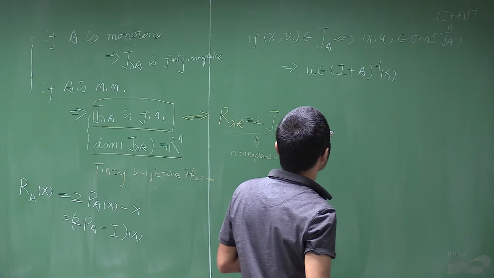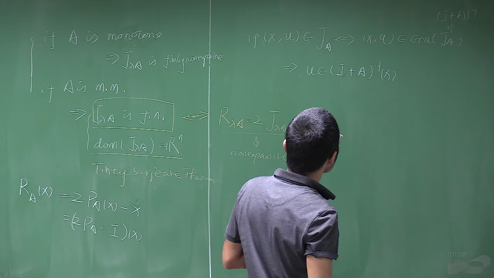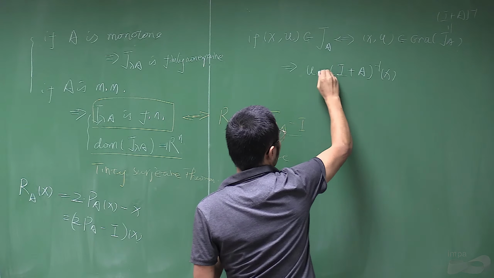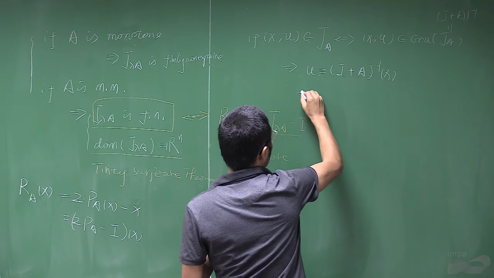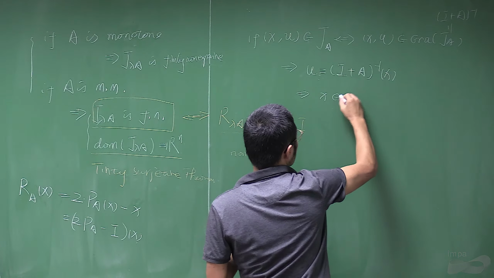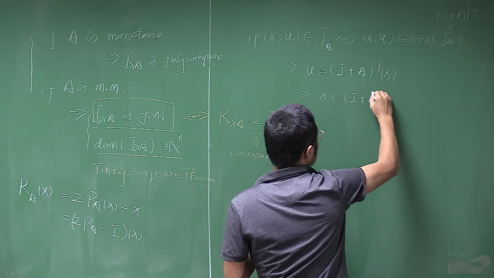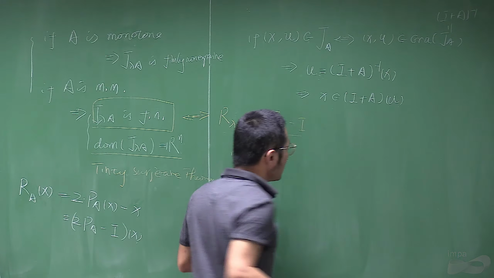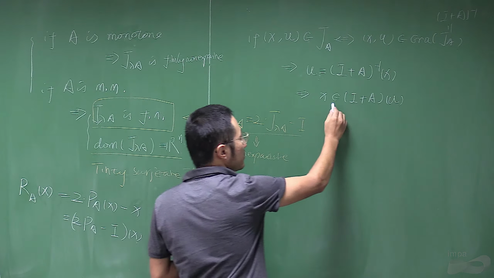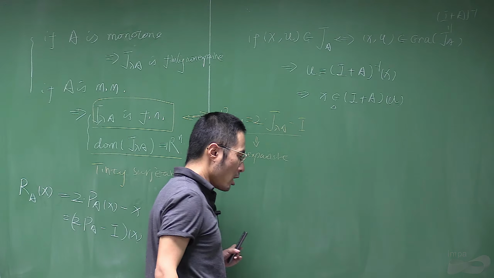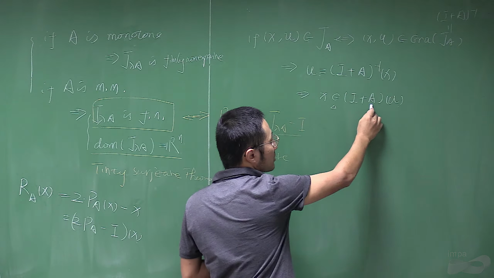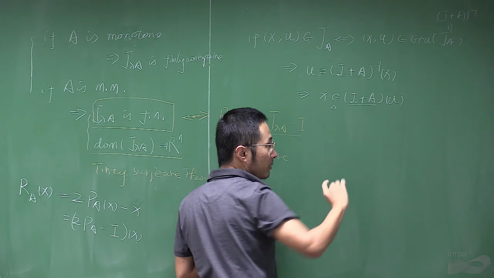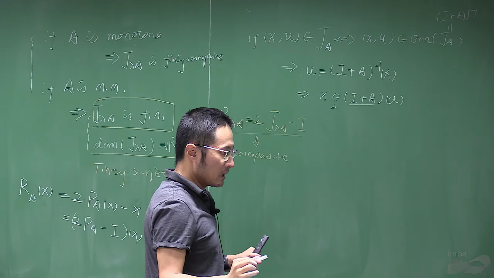Actually, since this is single valued, we can use equal here. So it is equivalent to say x belongs to (I plus A) u. Be careful, here you cannot use equal anymore because A is maximal monotone plus I; we cannot determine this operator is single valued.